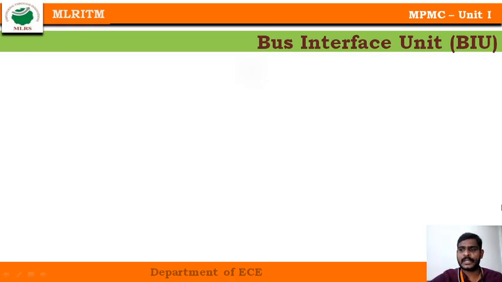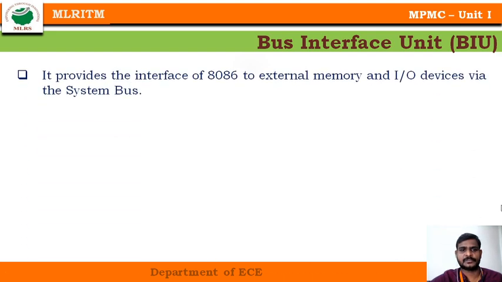So let's go into depth about the bus interface unit. As we said, the bus interface unit provides an interface of the 8086 to the external world, like external memory or external IO devices, via the system bus. The system bus here refers to the three buses the 8086 has, as we already discussed: data, address, and control buses.